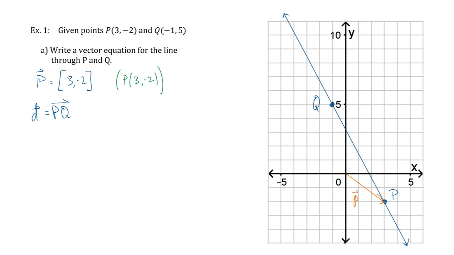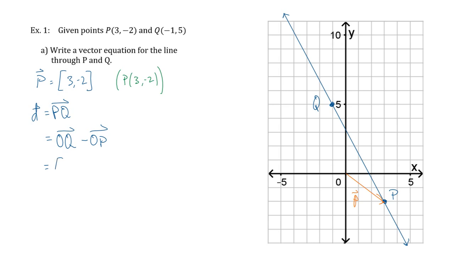Subtract backwards. So vector PQ is going to be equal to OQ, from the origin to Q, minus OP. And remember, the order counts. If I'm doing PQ, then it's Q minus P, so it's OQ minus OP.